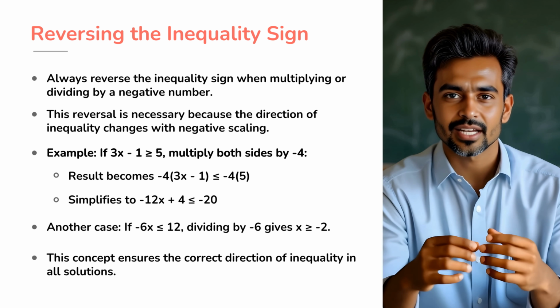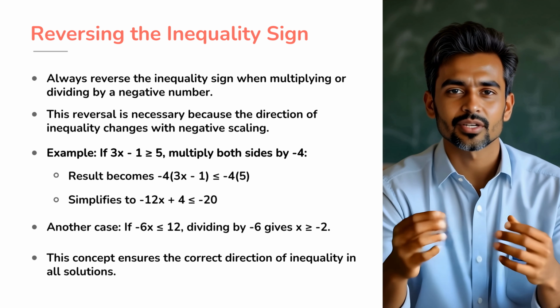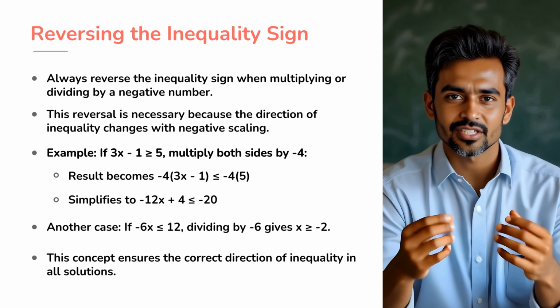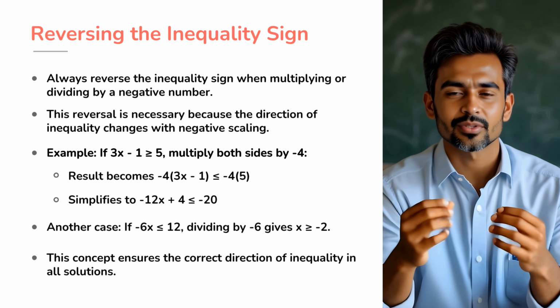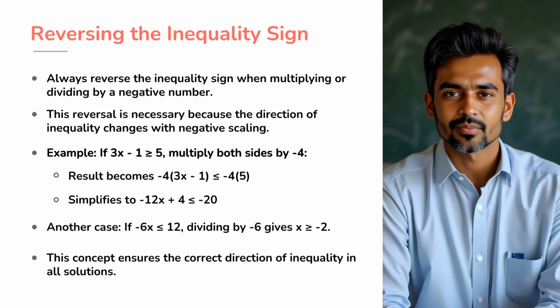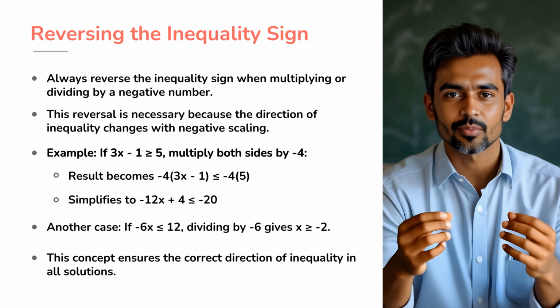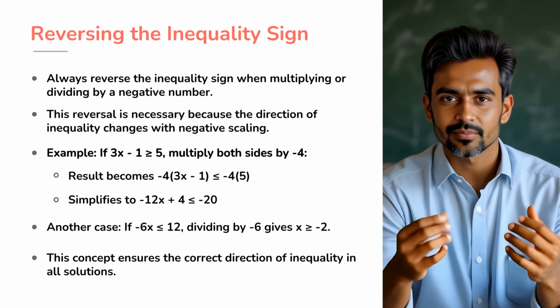One more, -6x ≤ 12. Divide both sides by -6. That becomes x ≥ -2. Remember, whenever you multiply or divide by a negative number, always reverse the sign.